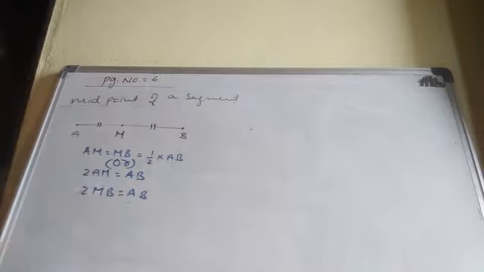Okay students, midpoint means what? The segment is divided into exactly 2 equal parts. This is our second definition. I am not going in sequence according to the textbook, but I will explain all the definitions. First we learn line segment, second one midpoint of a segment.